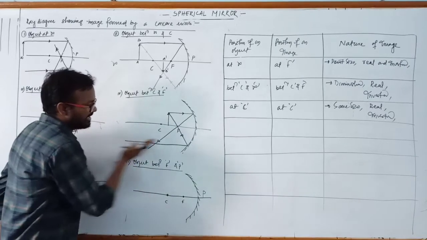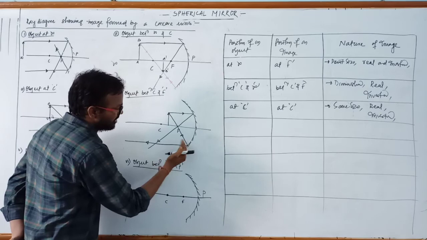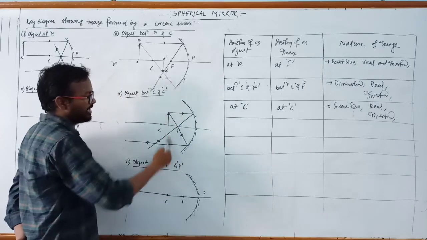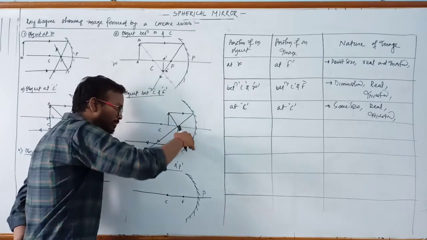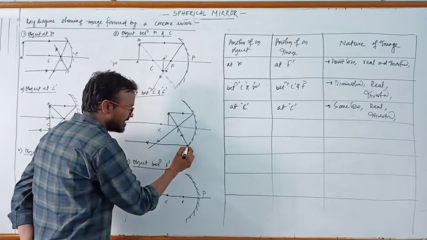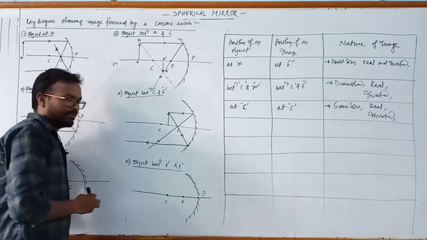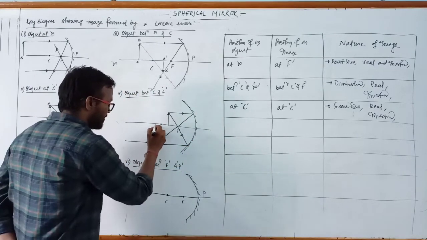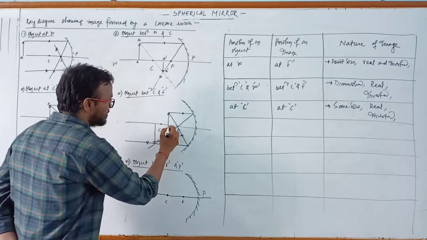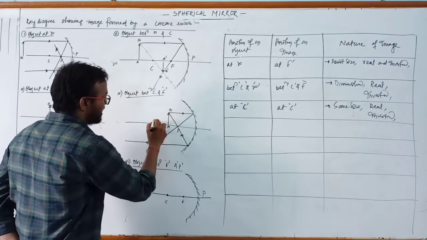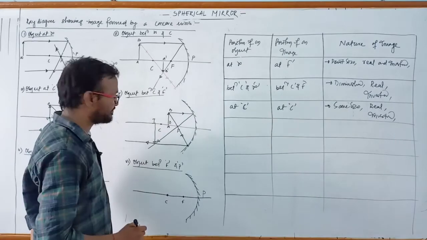Why? Because the parallel ray after reflection on the concave mirror passes through the focus point, and similarly the ray which passed through the focus point, after incidence, goes parallel to the principal axis, and here the image forms like this. Here AB is the object, and this is the image.